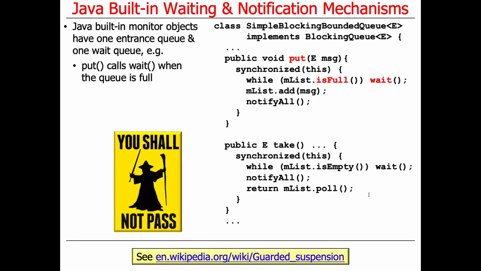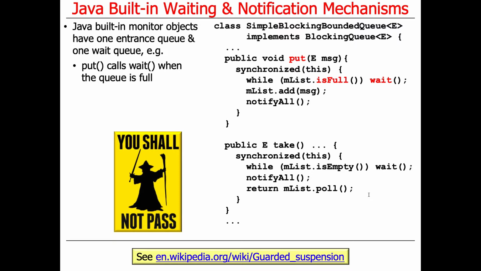There's only one wait queue. So let's take a look at a simple example here. This is a new implementation called Simple Blocking Bounded Queue. And it has put and take methods. You can see here that first we get a synchronized lock on this particular object using the intrinsic lock.